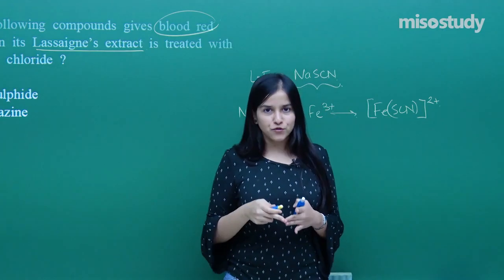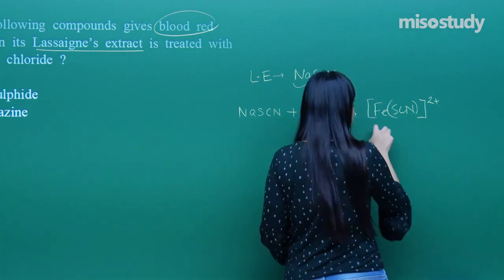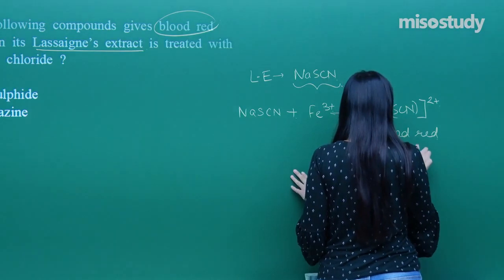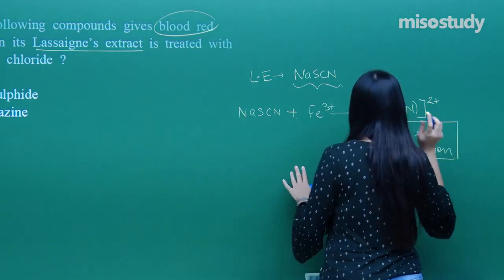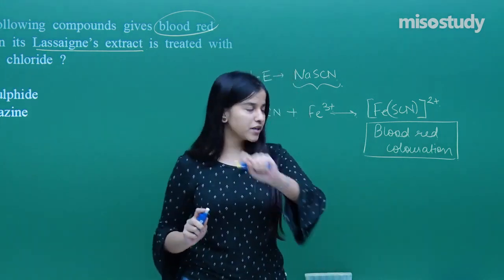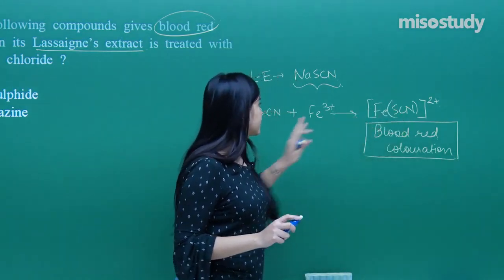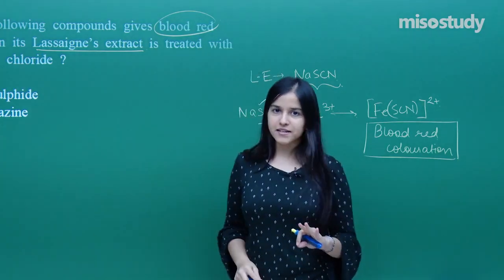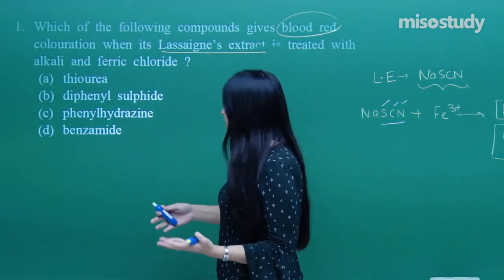That is the compound formed, which is responsible for the blood red coloration in the solution. What we need in this particular reaction is to form SCN, that is thiocyanide, and for this SCN we need to have S, C and N, all 3 elements present in the reaction. So out of these 4 options, what is the answer?